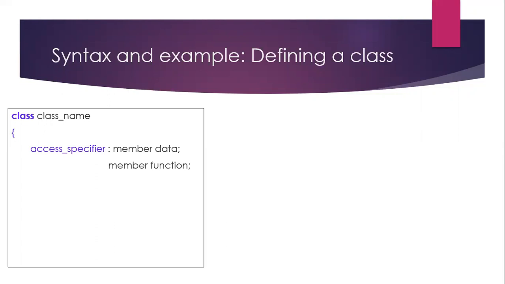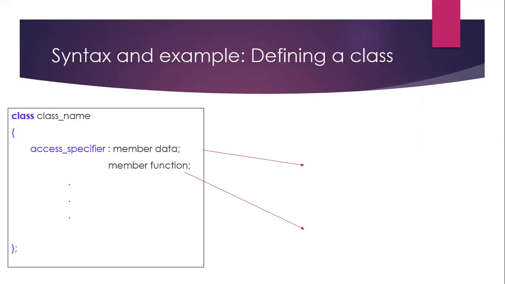Along with data members, you can also have member functions. You can have a number of data members and member functions, which will be enclosed within the pair of flower brackets. Class access specifiers are keywords, hence they are indicated in blue color.